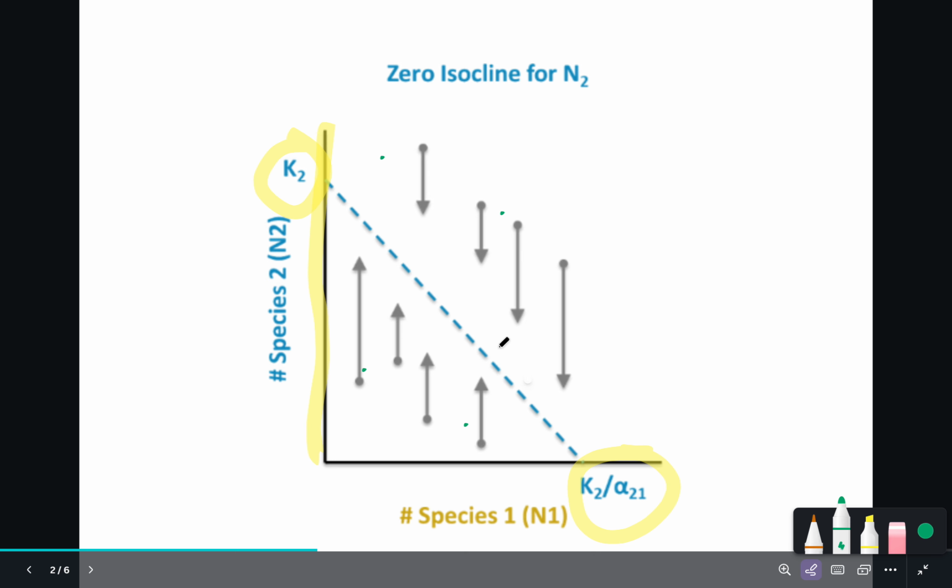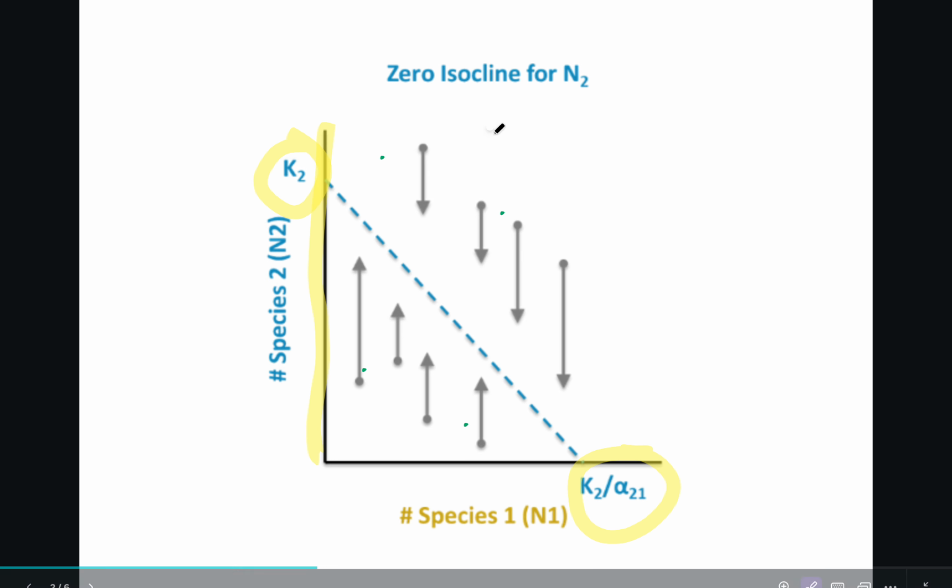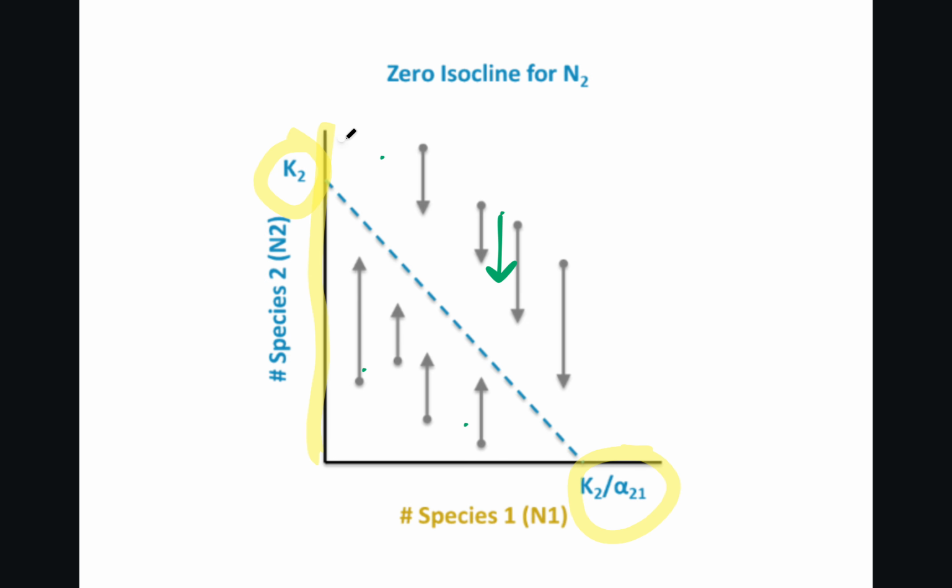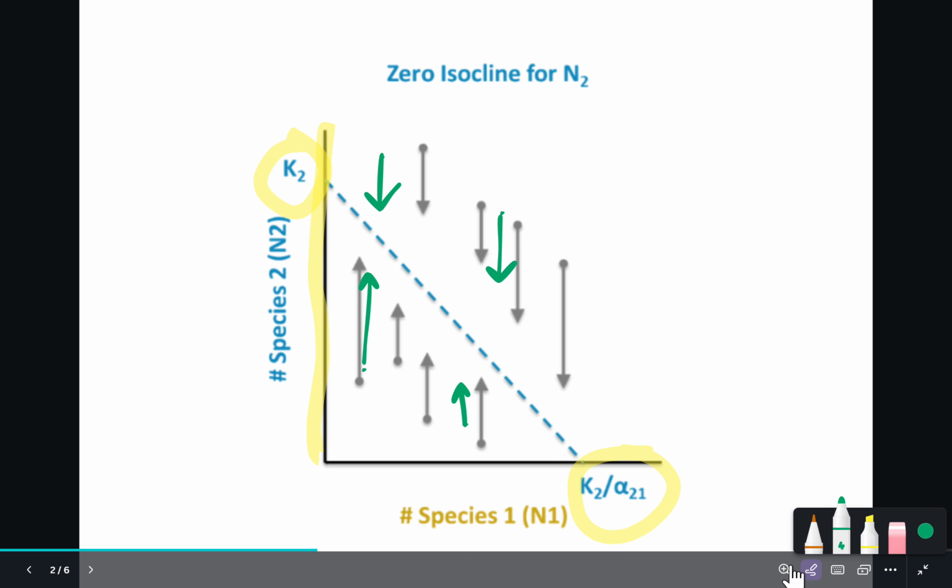We have our population line or isocline over here, and if we're above our carrying capacity, we're going to move down or towards our isocline. Going down reduces our population. If we're below the line, then we're going to go up, representing increasing our population to go towards our isocline or our carrying capacity. And that's basically what we need to know.